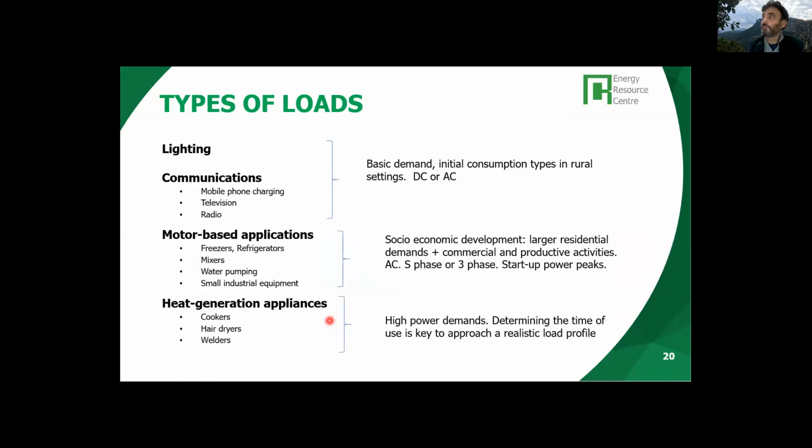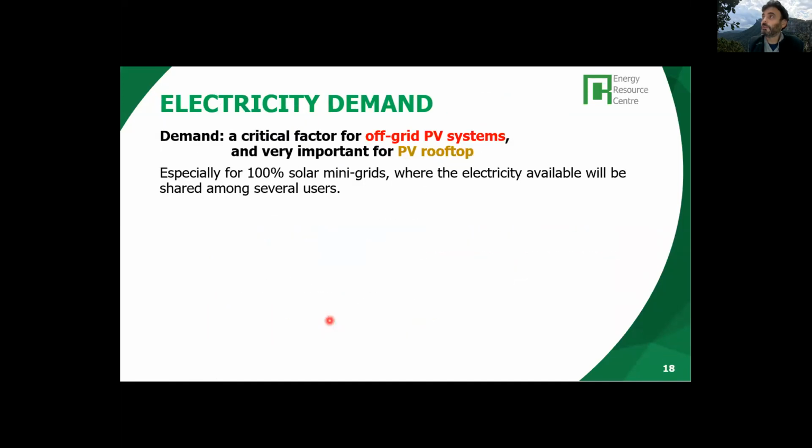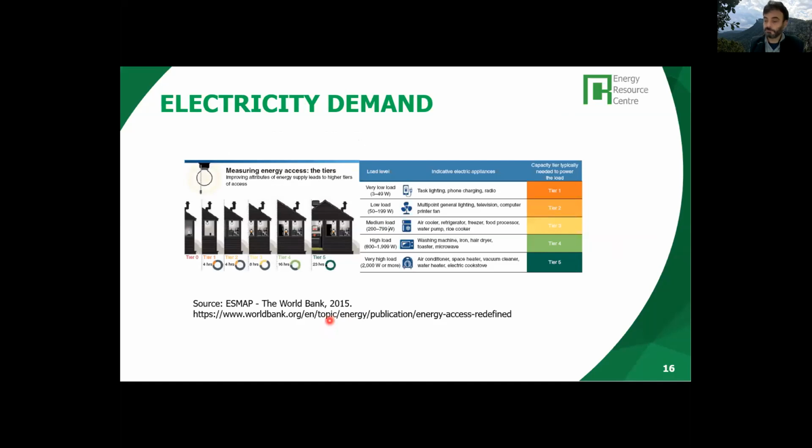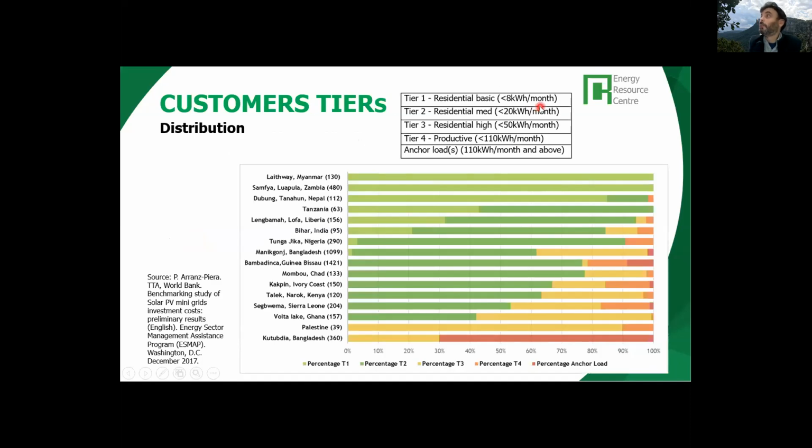For a household, around 8 or 10 kilowatt hours per month. So if you have 10 people in that household, then you can divide this reference by the number of people in the household.